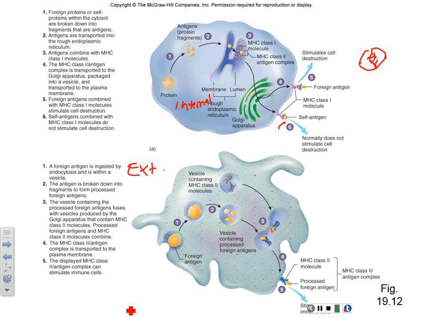All right? But the cell itself that has done the presenting is not killed because it's a professional antigen presenting cell. But there are times when these professional cells, because they are cells after all, get infected too. All right? And if that happens, then it is exposed on the MHC1 and is destroyed. You see what I'm saying?